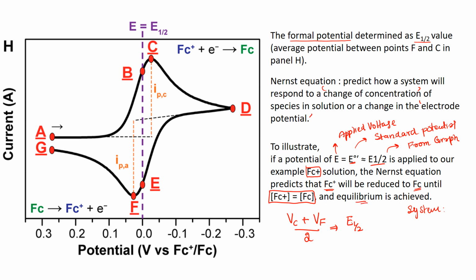That equilibrium will be achieved only when the concentration of Fc plus and the concentration of Fc remain the same. That means it should be 50% Fc plus and 50% Fc. Both are in equal concentrations.